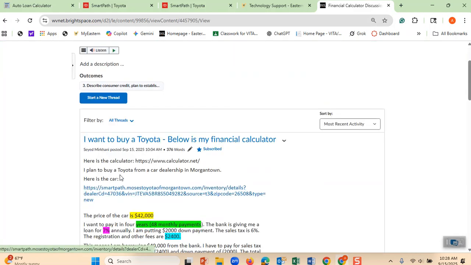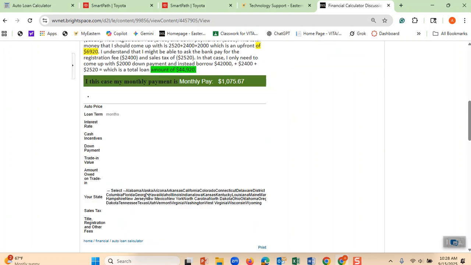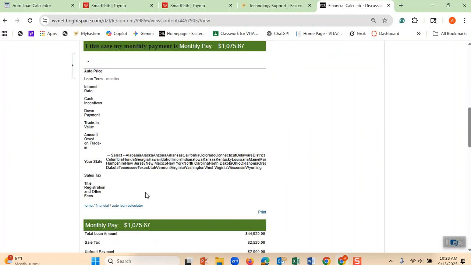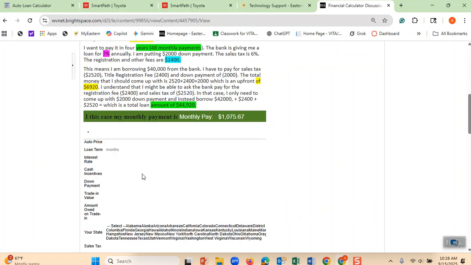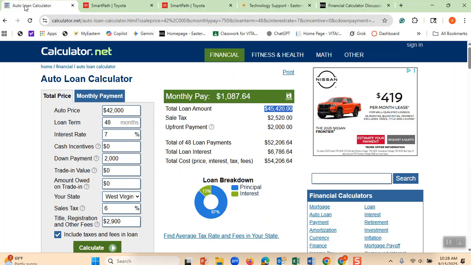You will see the car that I want to buy, whatever I need to borrow, and my total financing. Unfortunately, when I clicked copy and paste, it copied extra things in here, which is not any problem. That's okay. You will see my monthly payment, it is copied from here. Look here, the financial calculator, which was here, it copied it from here.